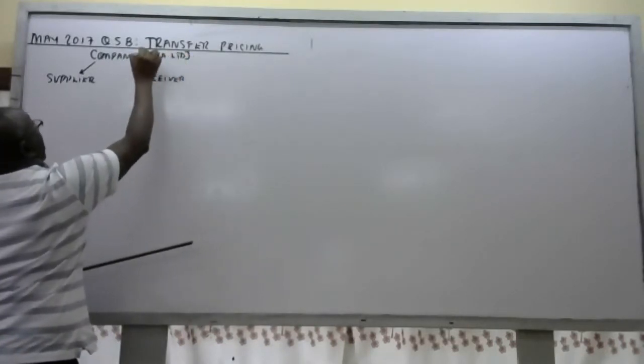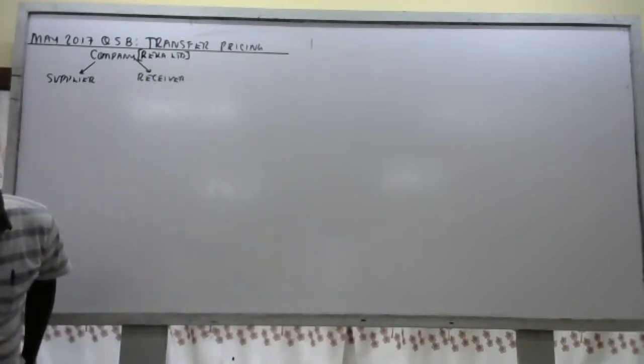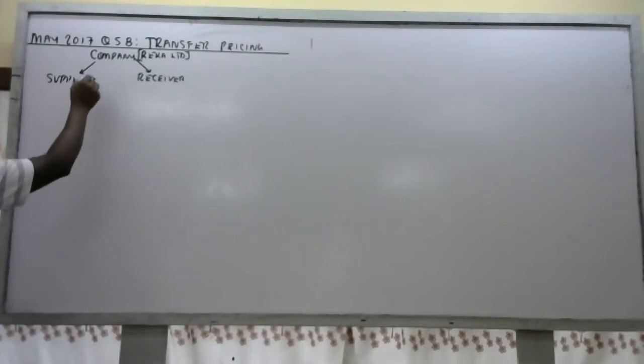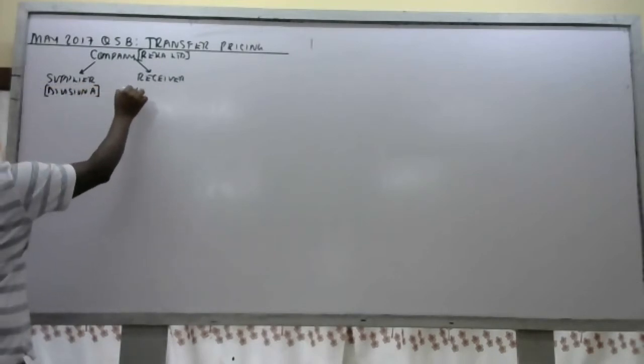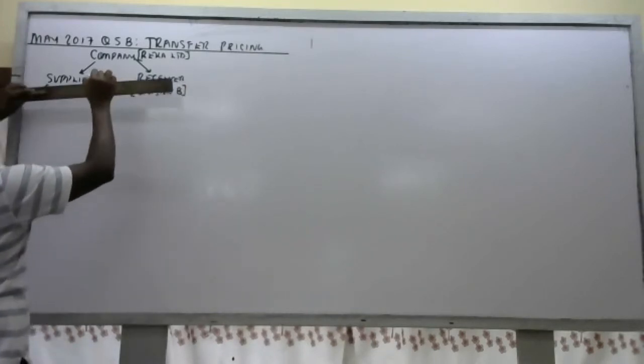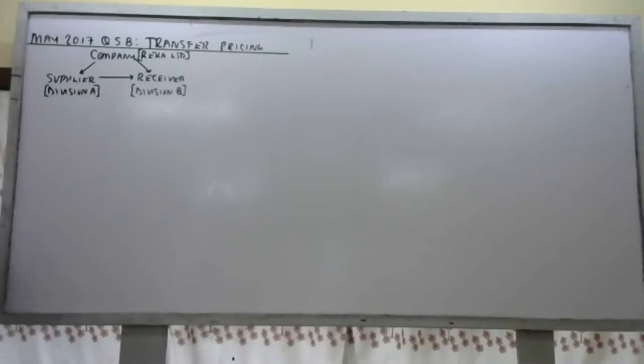Then it has two divisions, A and B. Division A is the one that manufactures product RR, and then it transfers to B. So this is Division A, the supplier. And then we have Division B, who is the receiver. So goods are being transferred there.